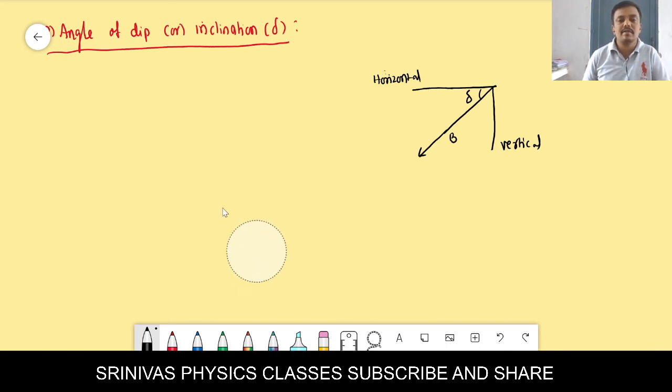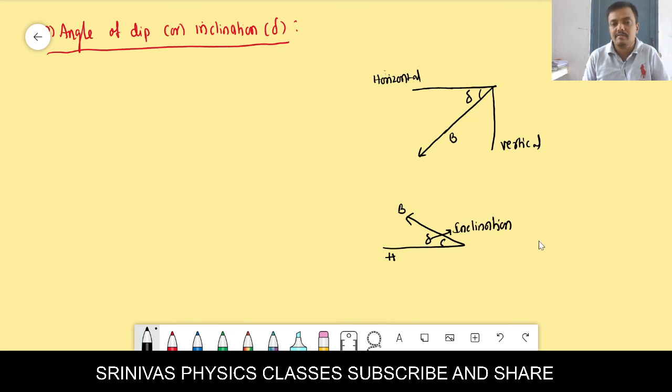This is the horizontal, and if the net earth magnetic field is above the horizontal, it is inclination. If it is below the horizontal, then it is said to be the angle of dip. Dip means below, and inclination means above.